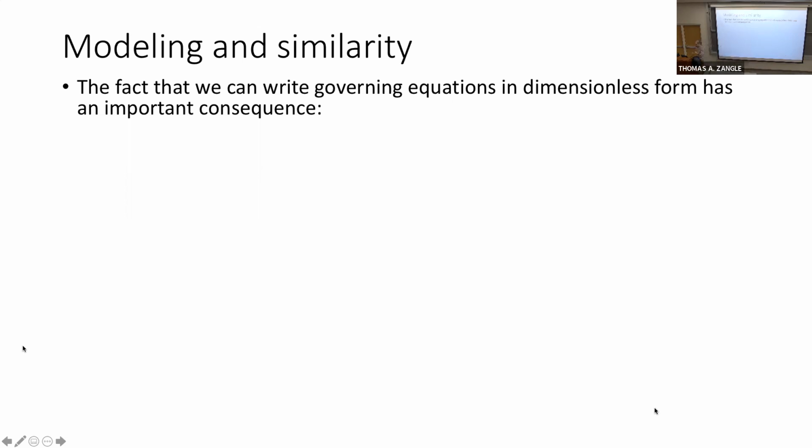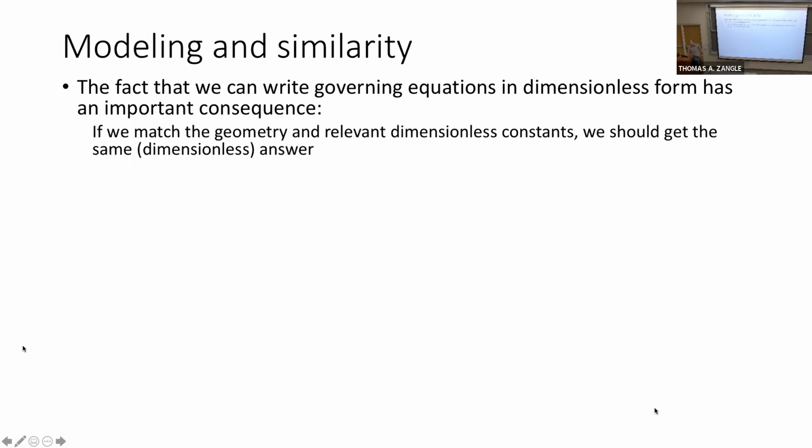This goes back to our governing equations. The fact that we write them in dimensionless form has an important consequence: if we match the geometry and the relevant dimensionless constants, then the solution to our governing equations, the behavior of the system governed by those equations, should be the same.